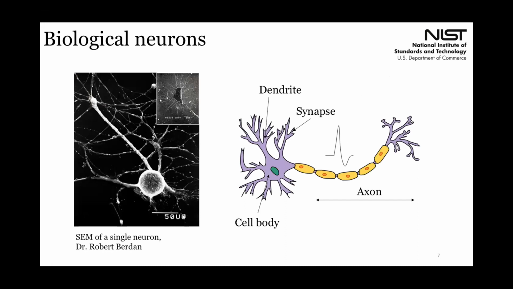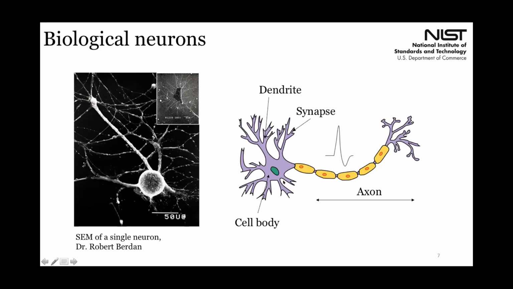Okay, so this is an SEM of a single neuron on the left, and then on the right you can see a cartoon image of a neuron. Just as an intro to how a neuron works, the neuron has a cell body that has a membrane potential or voltage.